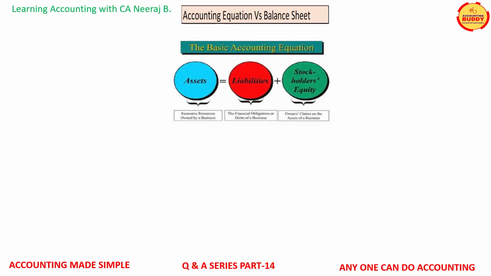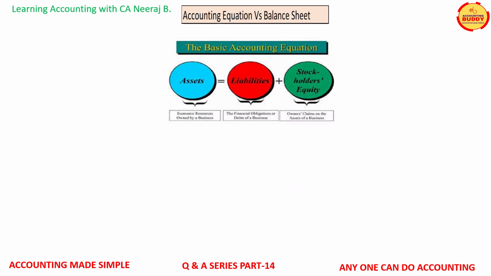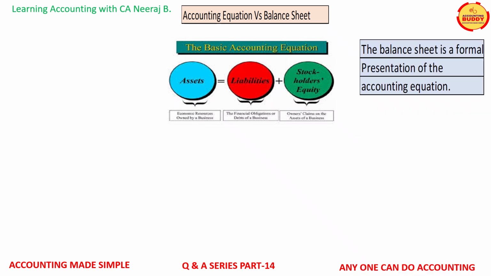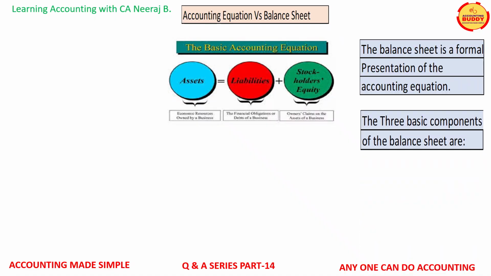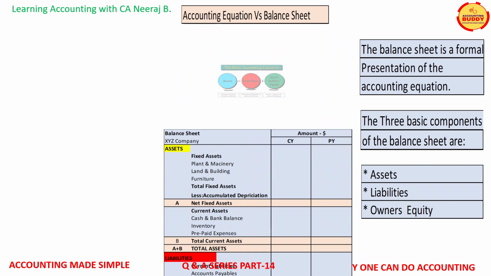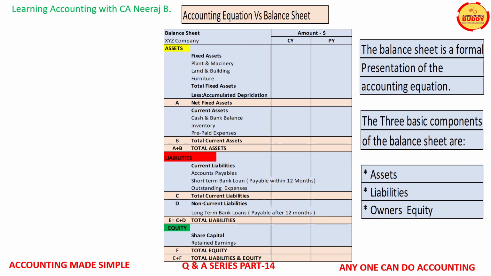The accounting equation serves as the foundation for the balance sheet, ensuring that it accurately represents the financial status of the business. The balance sheet is a formal presentation of the accounting equation. The three basic components of the balance sheet are assets, liabilities, and owner's equity. A specimen of a balance sheet is displayed on your screens.